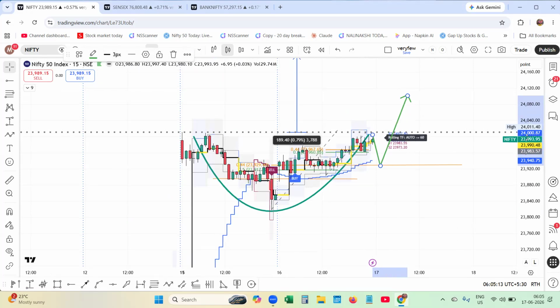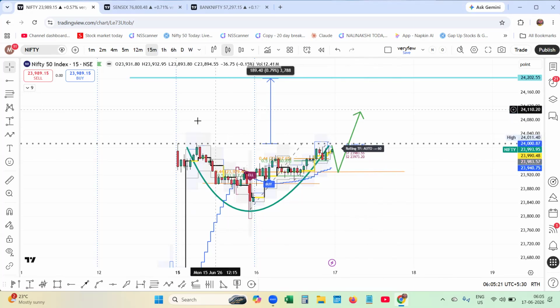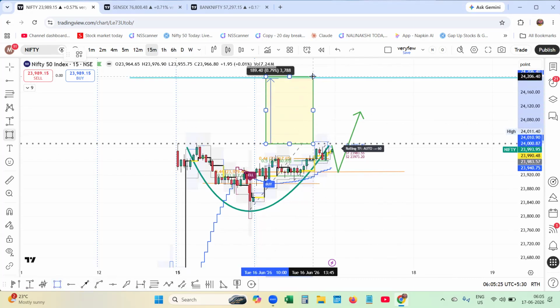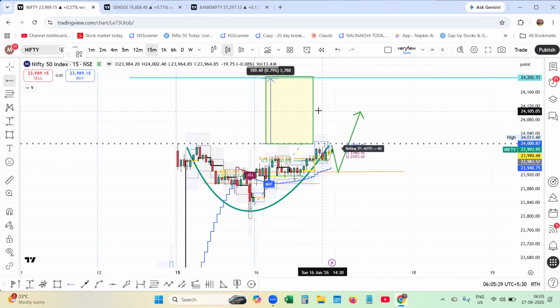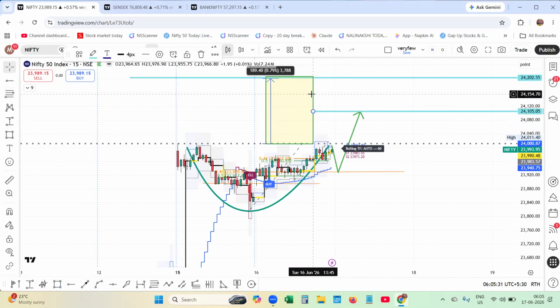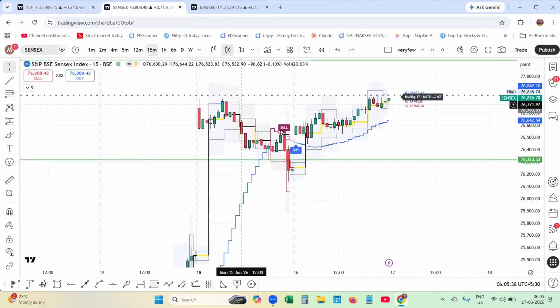If it is not violated, the market will march towards the first level of 23,151. That is 50 percentage we can anticipate for that. 50 percentage of the move will be 24,104.